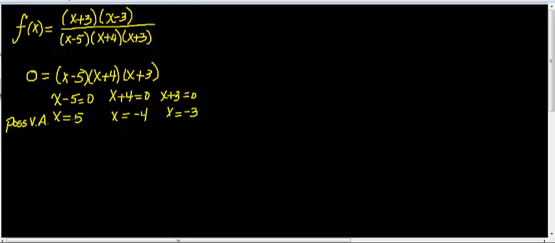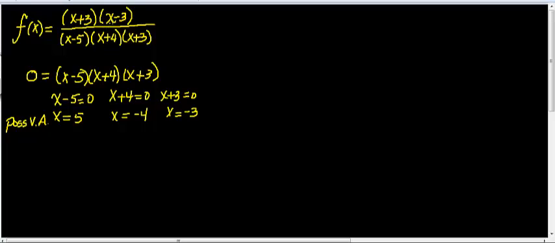Now I take each one of these and I substitute in the numerator and see if I get 0. When I substitute 5 in the numerator, I already know if I substitute 5 in the denominator, I will get 0 in the denominator. Now I'm going to check if I get 0 in the numerator. So I'll have 5 plus 3, that's 8, and 5 minus 3 is 2, and 8 times 2 is 16.